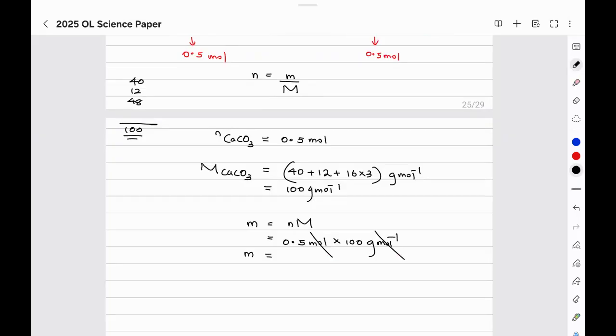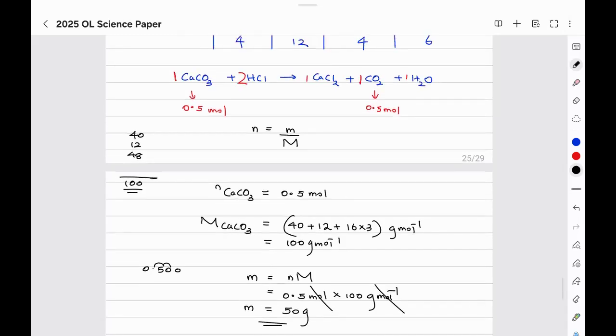The decimal is shifting 2 times. 50 grams. This is the mass of calcium carbonate that should be reacted with HCl to produce an equal amount of gas, hydrogen equal to carbon dioxide.